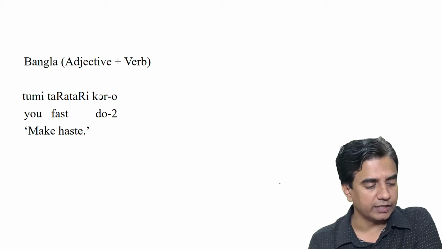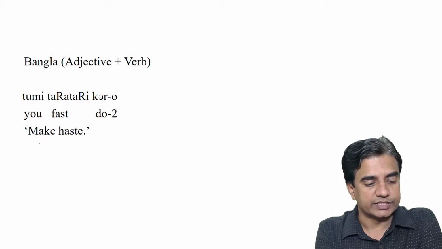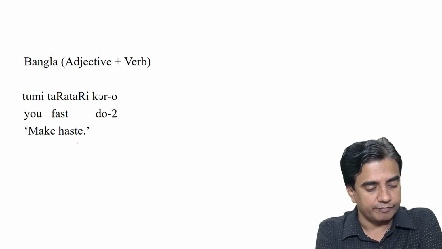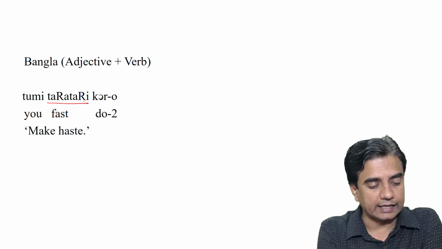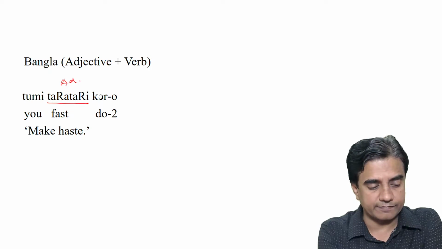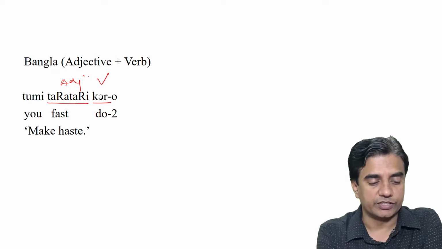In Bangla too, when we say a sentence like hurry, which is literally known as make haste, we use fast, taratari, as an adjective and a verb karo, which is a verb.